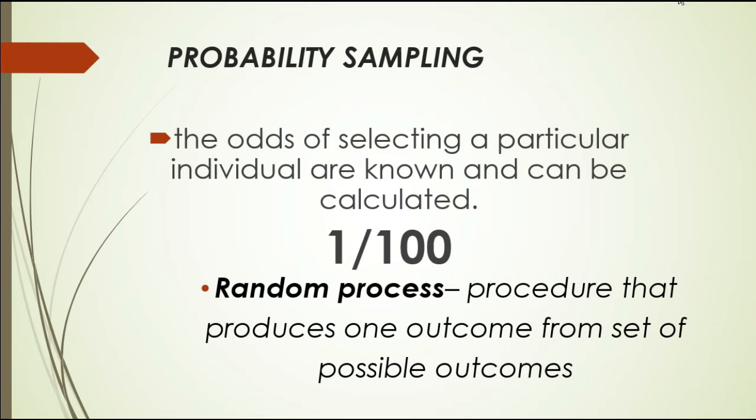Okay? Or, sinasabi din also, if each individual in the population of 100 people is equally likely to be selected, then the probability of selection is 1 over 100 for each person. Okay?